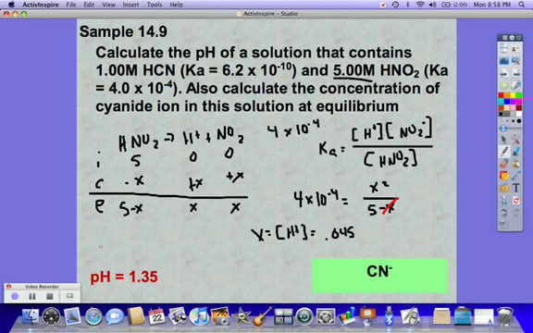Alright, to find our cyanide ion, we're going to need to look at the only thing contributing to our cyanide, which is HCN. So I'm going to clear this page so I have more room to work.